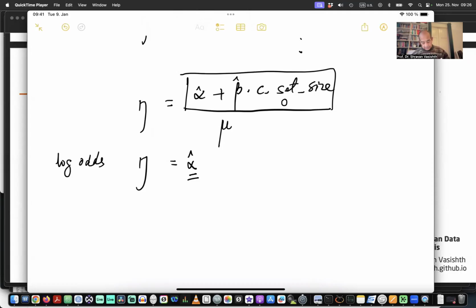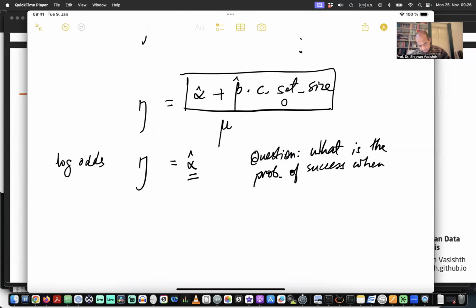So now the question is, what's the probability of success, of a correct response, when we have the average set size value? Okay, that's the question I'm about to answer now.